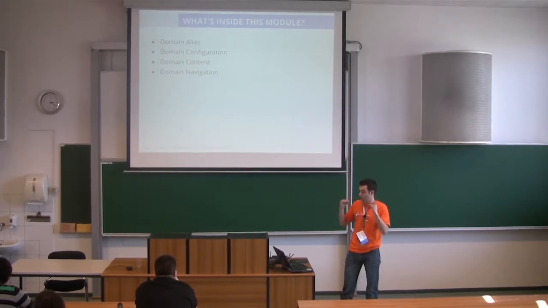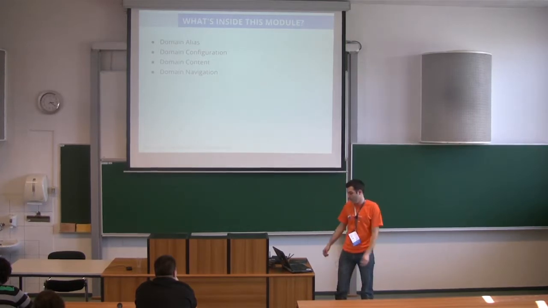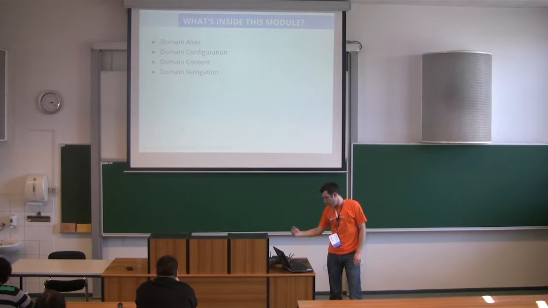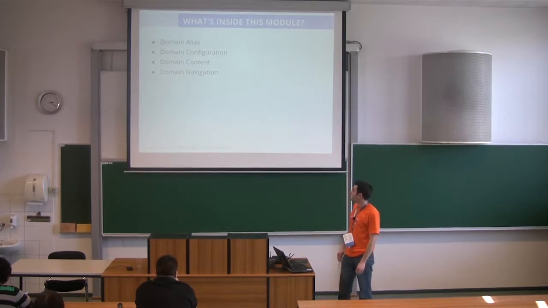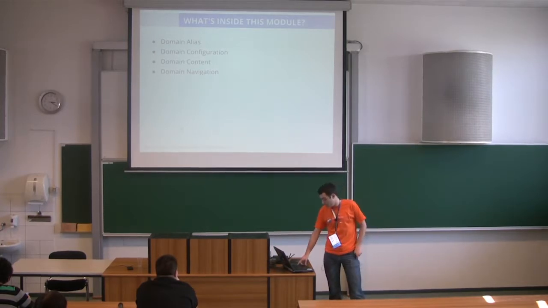The first alias name is the name you want to use, and then you can specify additional aliases. Domain configuration actually gives you the ability to have additional configuration depending on the domain.